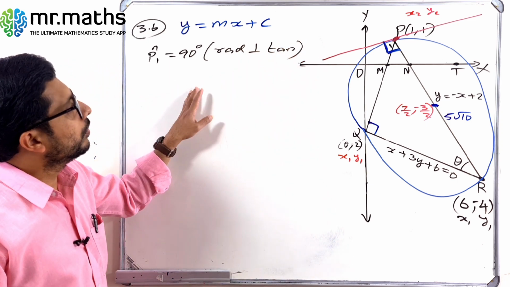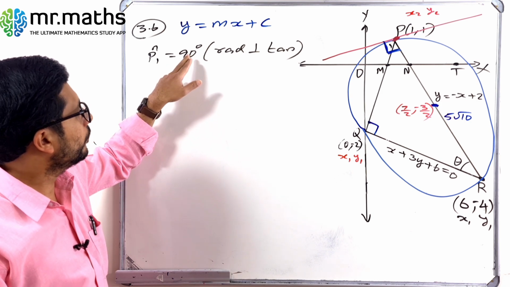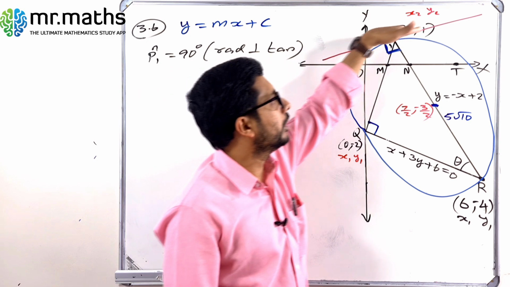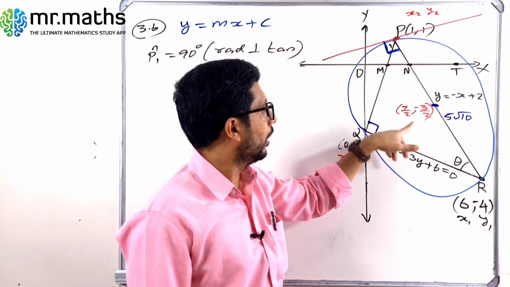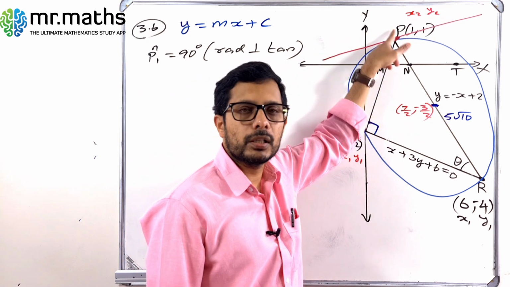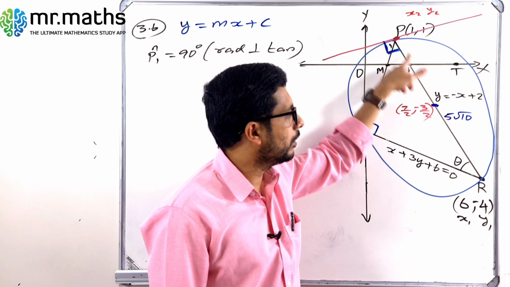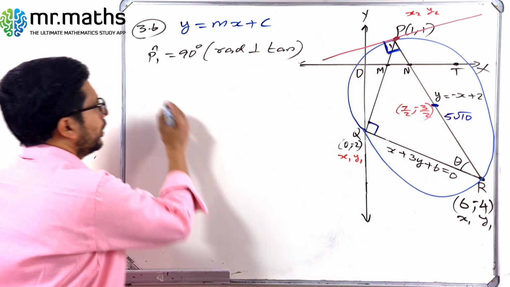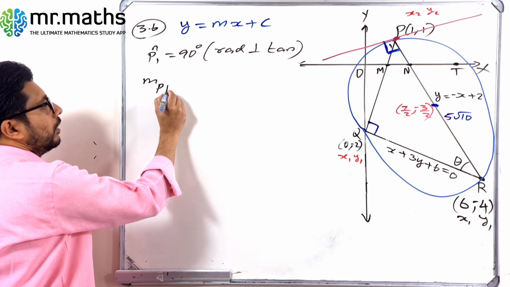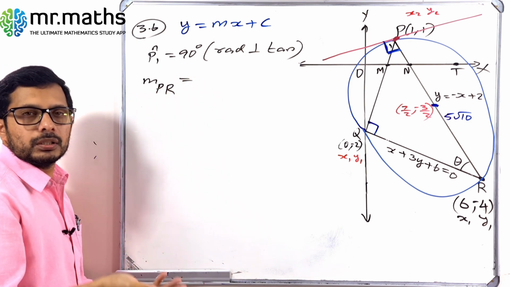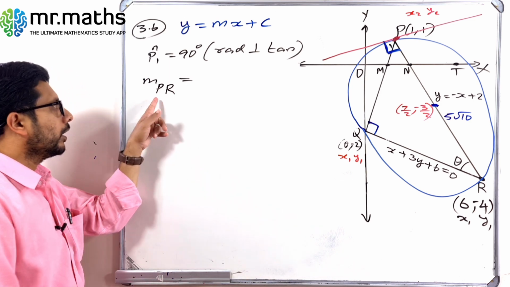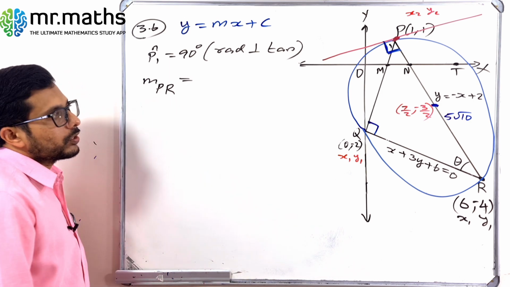Now that we know this angle is 90 degrees, how can I find the gradient of this tangent? First I have to find the gradient of this line, let's say PR. M of PR. Radius or diameter, it's the same straight line, that is why I wrote PR.